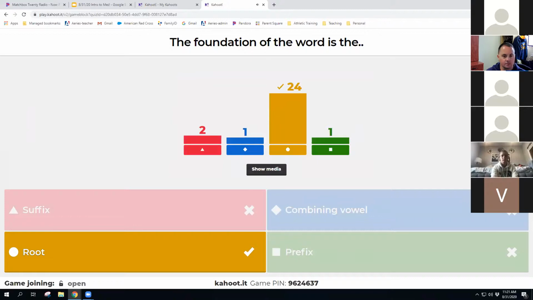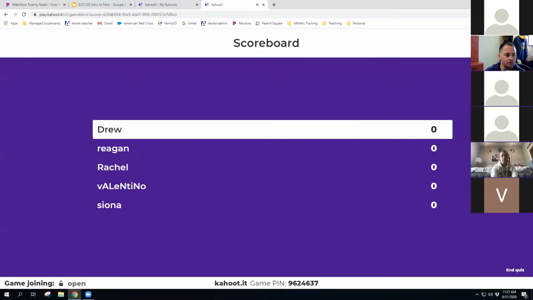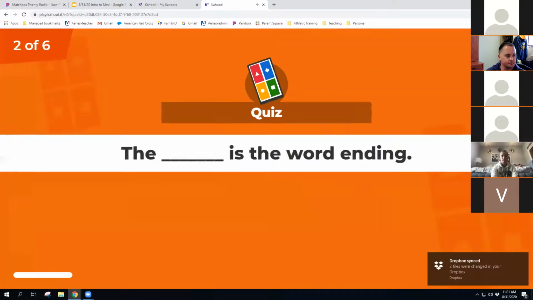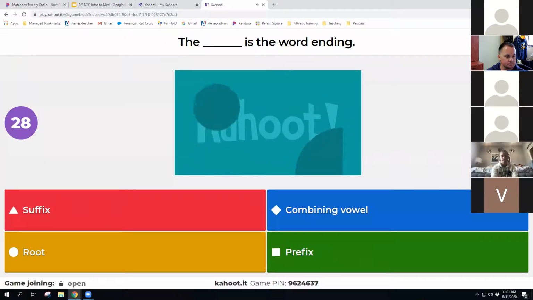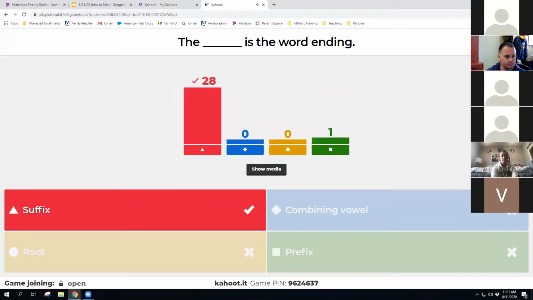Good. The root. Good job. The foundation of the word is the root. And we are on this one. Oh, yes. The ending of the word is the suffix. The prefix is the beginning of the word.